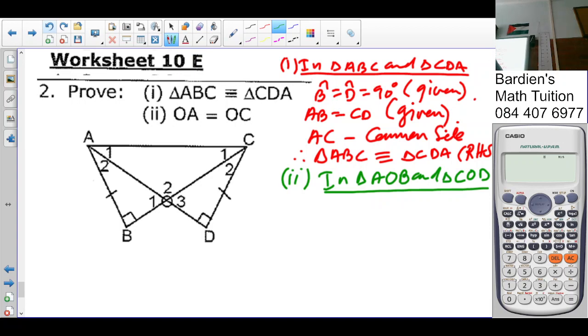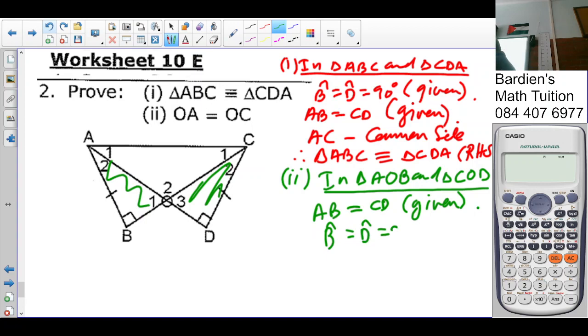Remember, we're working with these two triangles now. Line AB is equal to CD. Why? Given. Another one. Angle B equal to angle D, which is equal to 90. Why? Given. One more.